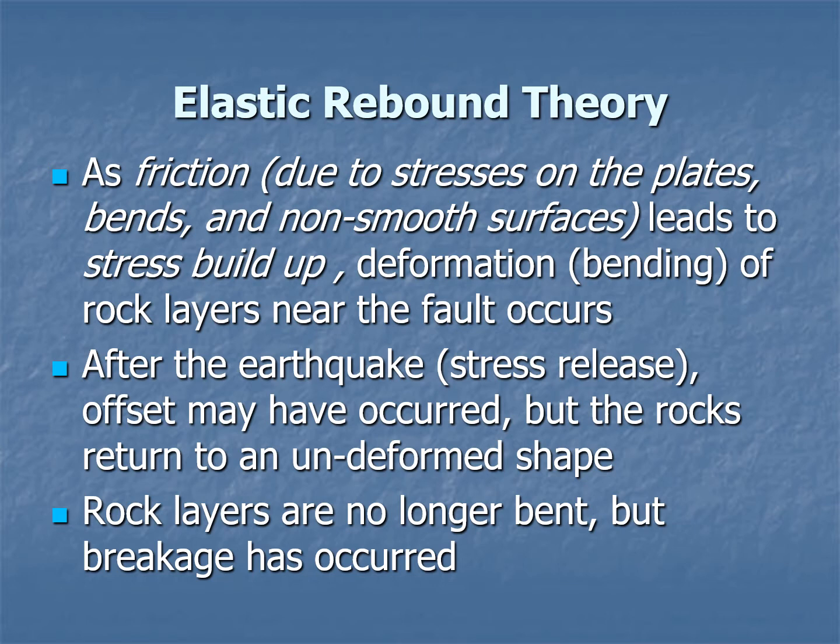And then instantaneously, when your earthquake is happening, you're going to release the stresses on those rocks, and they're going to elastically snap back into an undeformed shape. That's releasing your energy, seismic waves. So when the earthquake is over, here's what you're going to find. The rock layers are not bent anymore, but they are now offset and they are now broken.